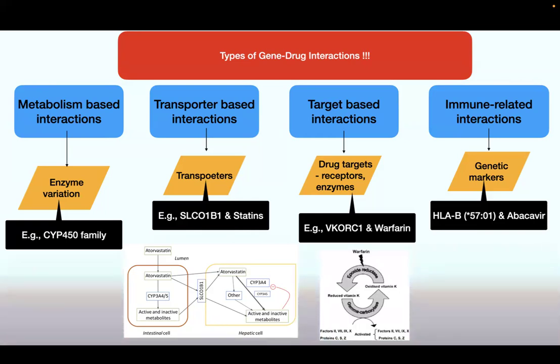So if you are prescribing antiviral medicine and this variant is present in person's body, then ये जो drug है उसका इस वाले gene के साथ interaction होगा, and the reason behind is immune related interaction.